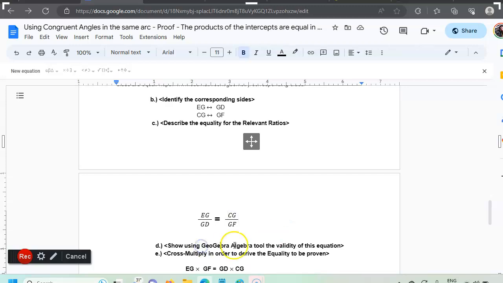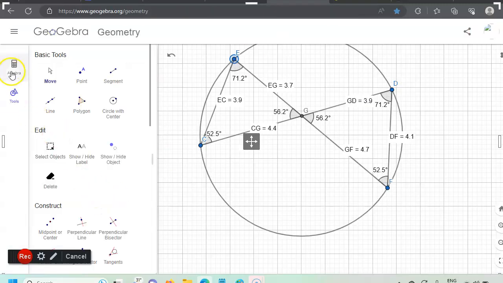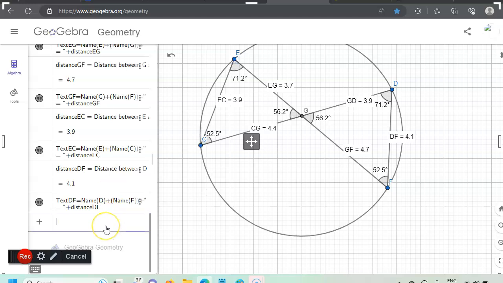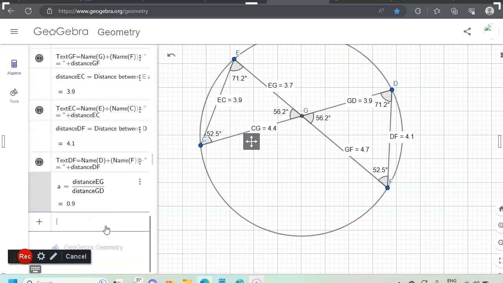Now we are going to use the GeoGebra algebra tool to show validity of that equation. So we have the algebra tool here, and then we say distance EG divided by distance GD, that's 0.9.